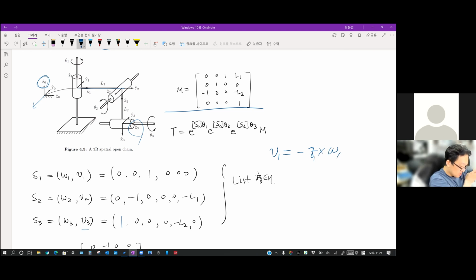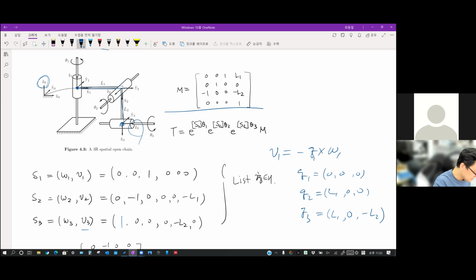And the position of q1: because the zero axis is here, q1 is 0, 0, 0. And q2 is equal to L1, 0, 0. And q3 equals L1, 0, minus L2.